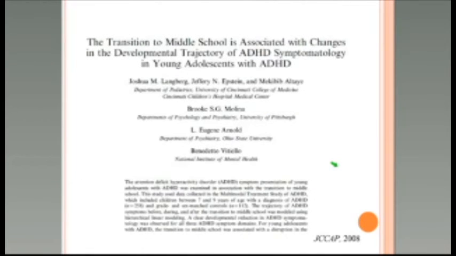And in fact, there was a study not so long ago that was published by Joshua Langberg and colleagues looking at the way in which the transition into middle school is associated with changes in the reduction in ADHD-related symptomatology in youth with ADHD. So, for example, as I mentioned earlier, children with ADHD become less impulsive and hyperactive over time, generally speaking, although those behaviors are certainly still evident.